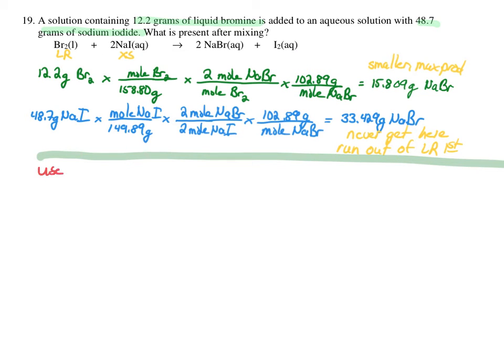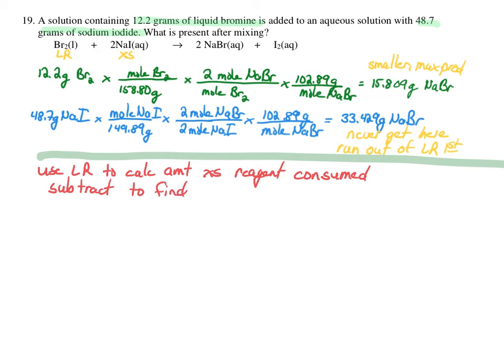Okay, we're going to use our limiting reagent to calculate the amount of excess reagent that's consumed. And then we can subtract to find the amount unreacted.